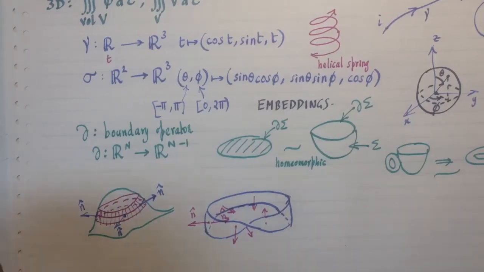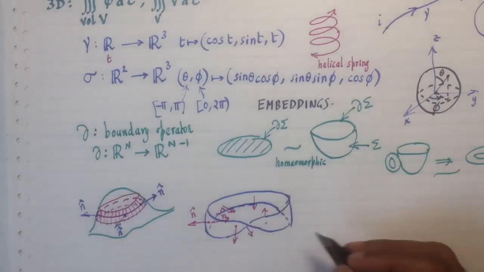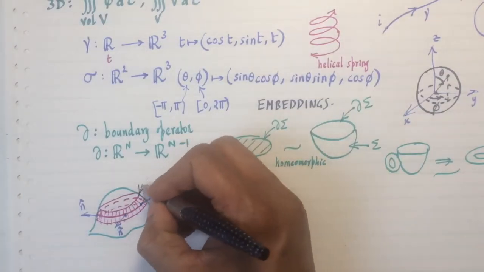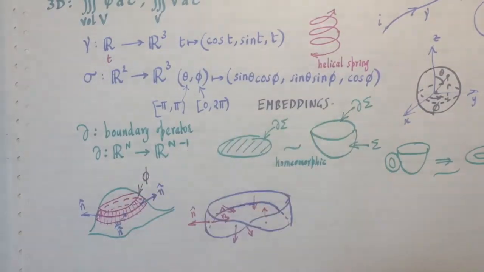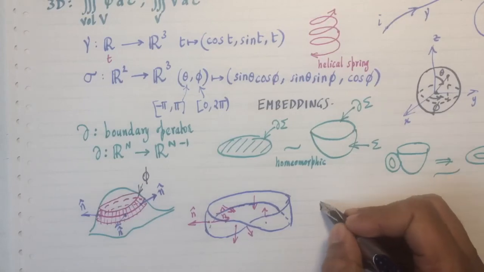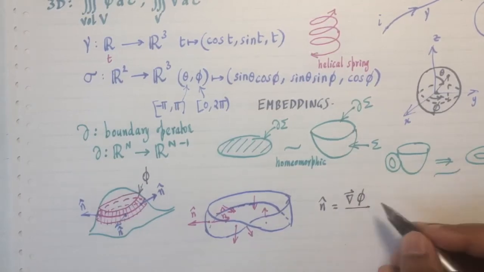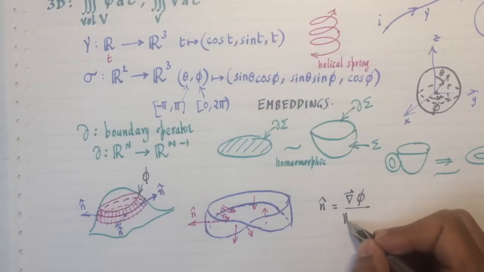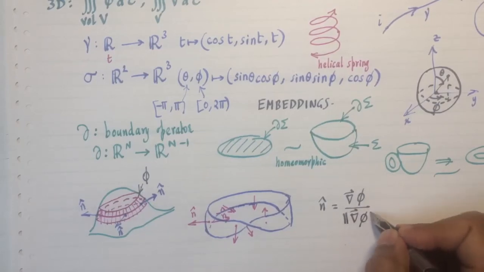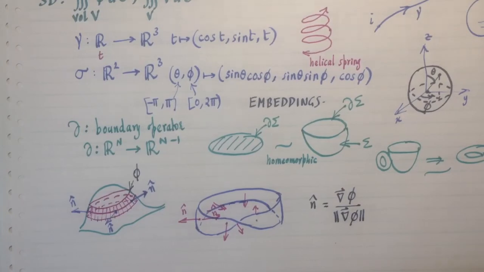The proper definition of a normal vector, if you're really interested, is first you put a function phi on this surface, and then the normal vector is defined as the gradient of that scalar function divided by the magnitude of that gradient. If you've taken multivariable calculus and you have to do the normal vector, then you do that.